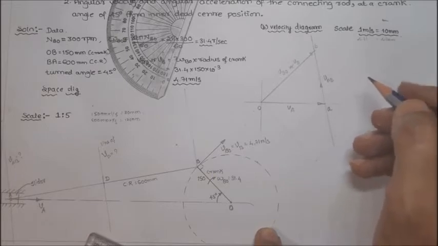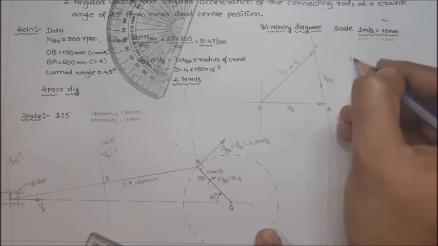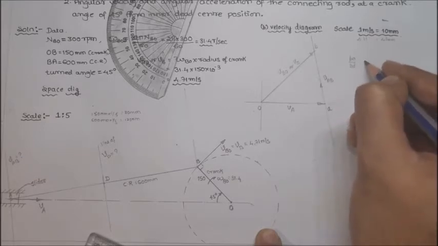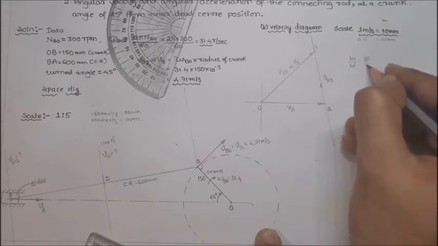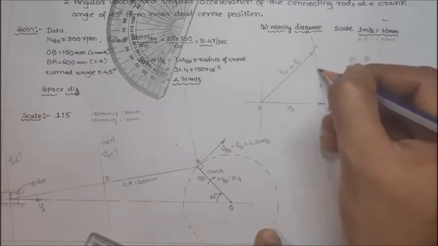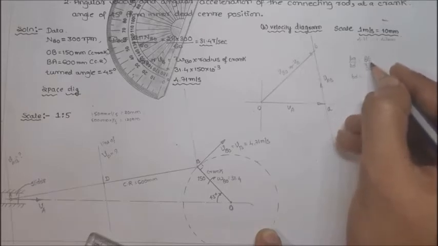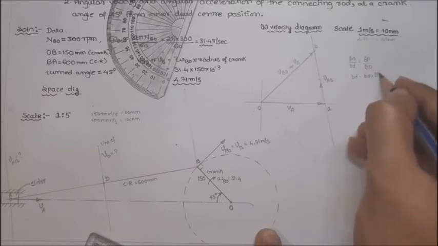So the relationship is small ba divided by small bd equal to capital BA divided by capital BD. So we require to find out the BD point. So small bd equal to small ba into capital BD divided by BA.